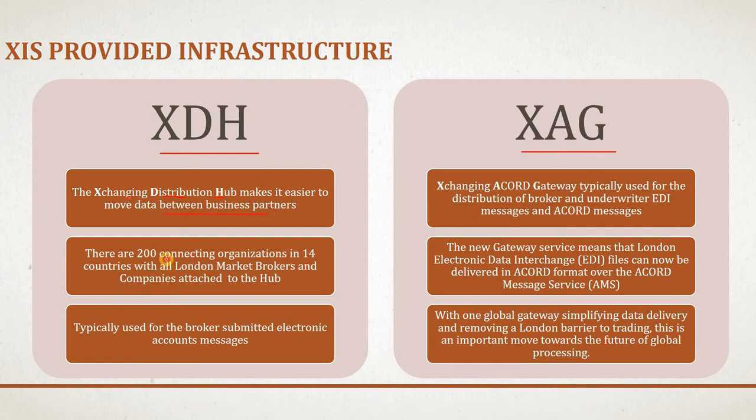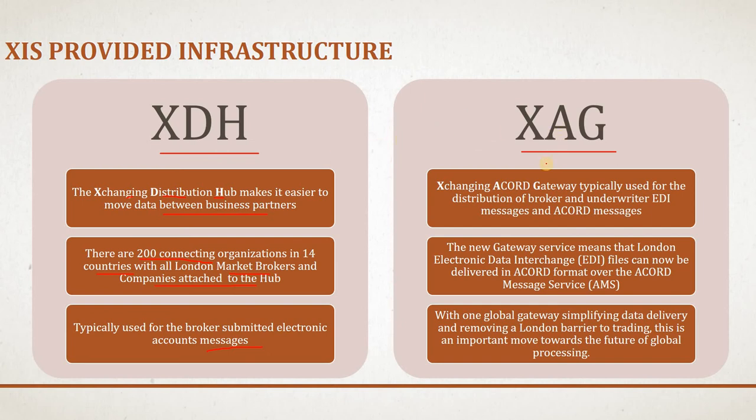There are around 200 connecting organizations in 14 countries, with all the London market brokers and companies attached to the hub. It is typically used for broker-submitted electronic account messages, and the hub distributes the messages to the various participating companies or bureaus within the London market.